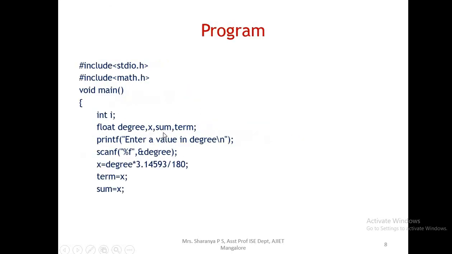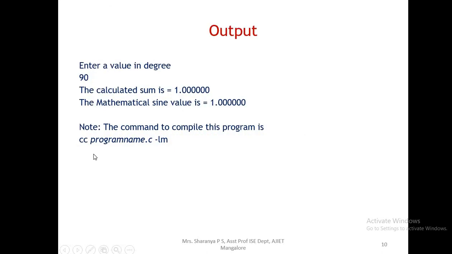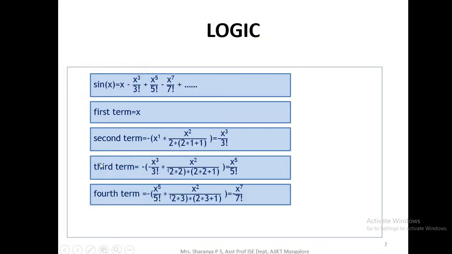This is the program that I wanted to discuss under the lab. The main objective is to take the value in degrees and then calculate the x value, that is degree into 3.14593 divided by 180, and these values are stored in term and sum so that they can be referred to using these variables. This is how this program can be implemented.